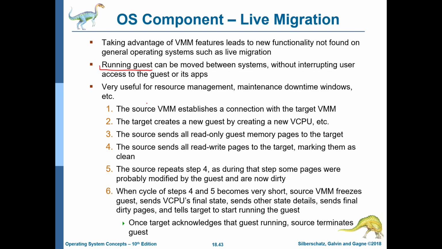So the way it happens is like this. The source VMM establishes a connection with the target VMM, indicating that a guest OS would like to move. If the target accepts, it creates a new guest, which means it creates the data structures for a new guest and initializes vCPUs. Then the source needs to send the state of the program to the target.